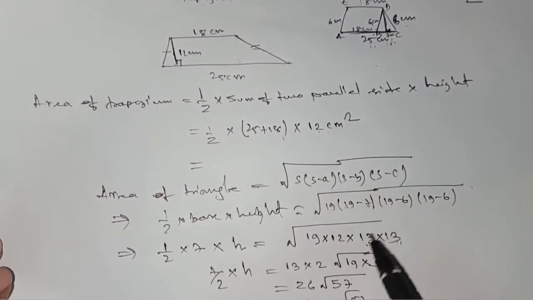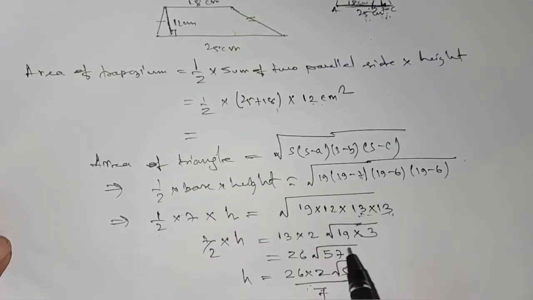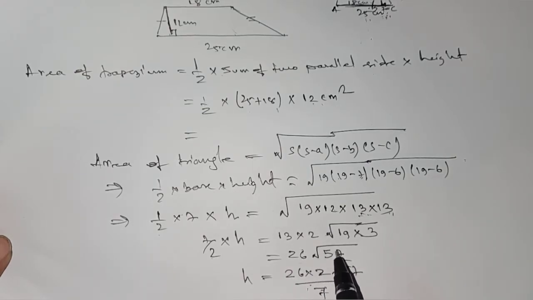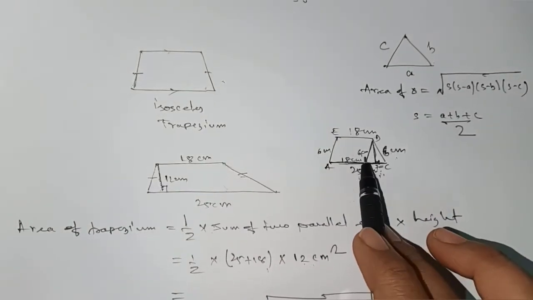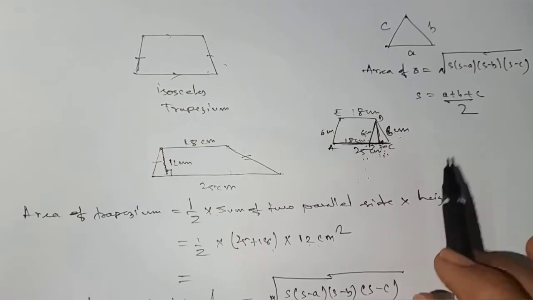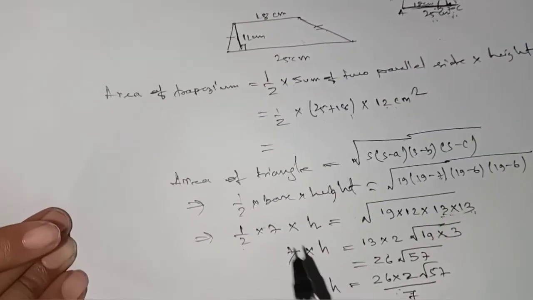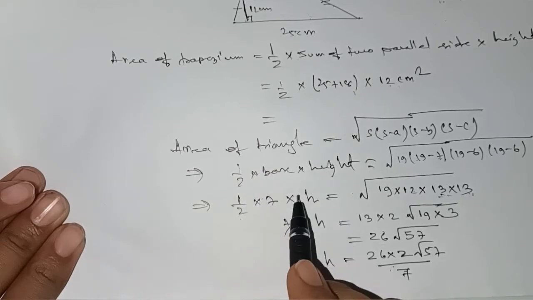Here you can see that up to this one we have got the result. This will be your answer. This is the area of the triangle, 26 root over 57. And if height has been given, then we have already seen right now that it is half into base into height.